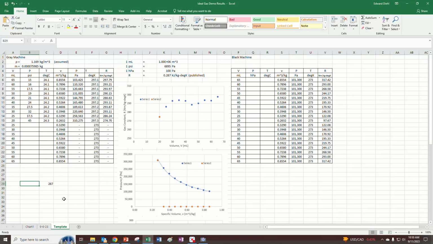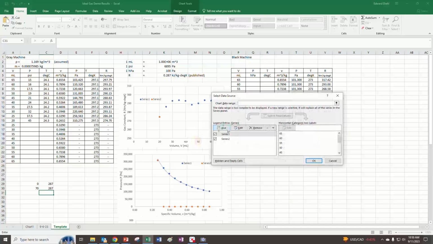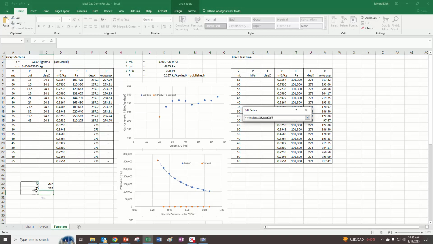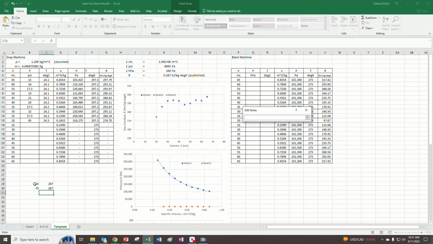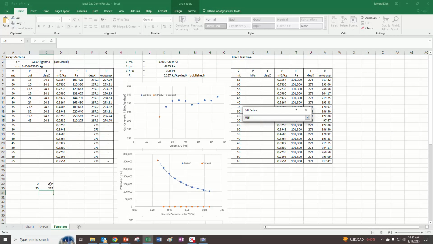See if I go from 0 to 70 for 287, I could just click right in here and select data. I'll add, and my X will be from here to here. Whoops, stop. My X, get out of the way. My X will be from here to here, and my Y will be from here to here.